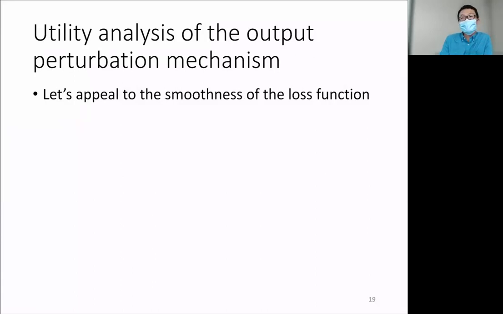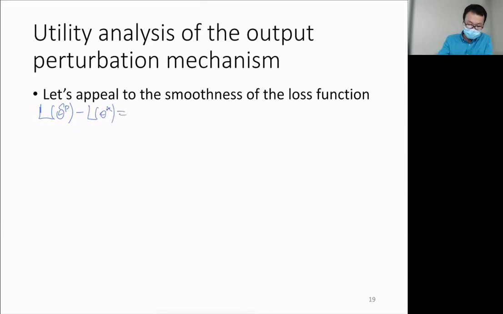The most natural way of measuring the utility is to see how well we can minimize this loss function. So let's say the utility is given by the loss function of our output, the differentially private output, minus the loss function of theta star, where theta star is a minimizer of the loss function, right?